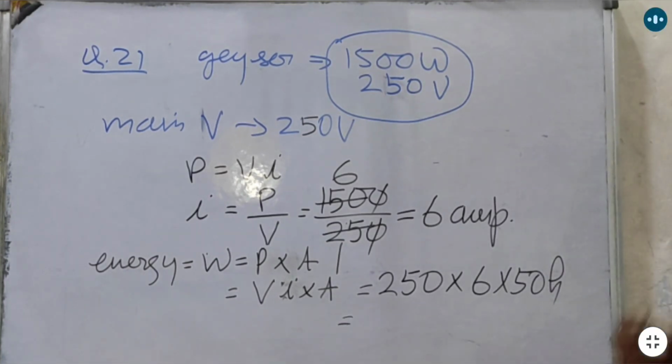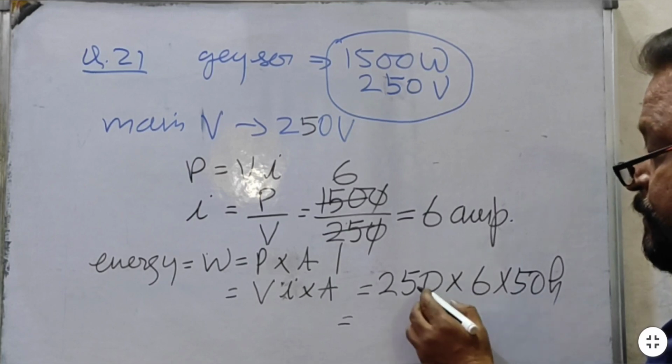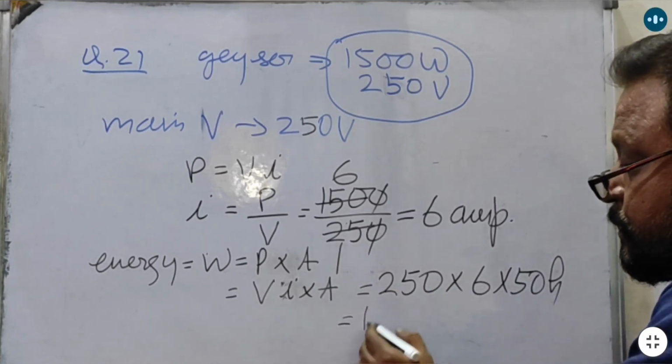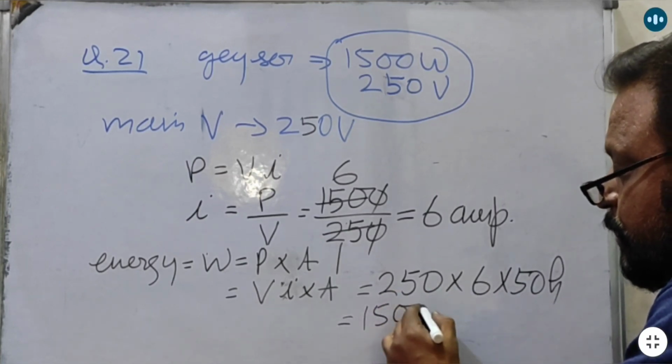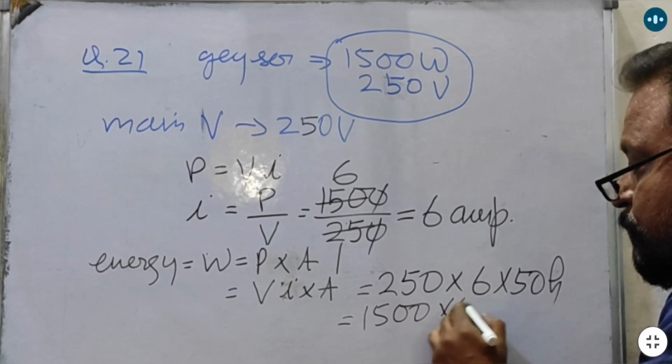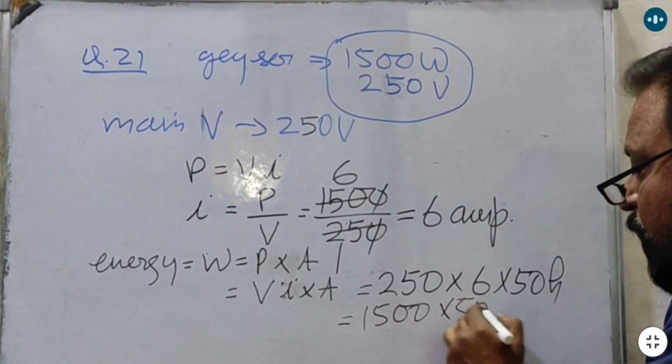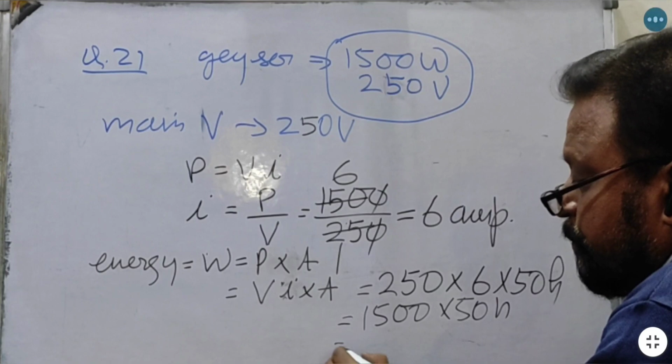So 6 into 250 is 1500, so it is 1500 into 50 hour.